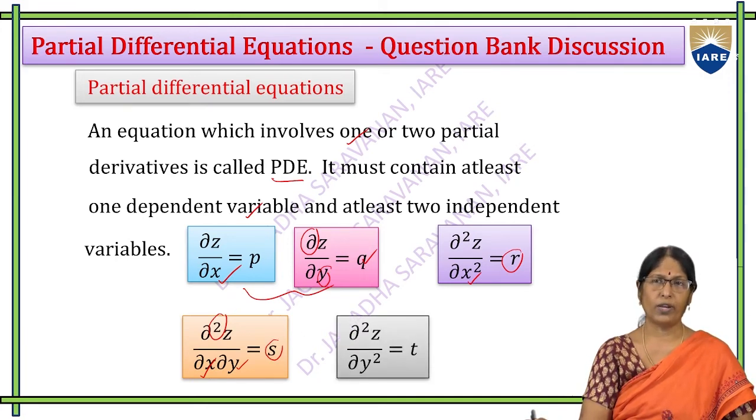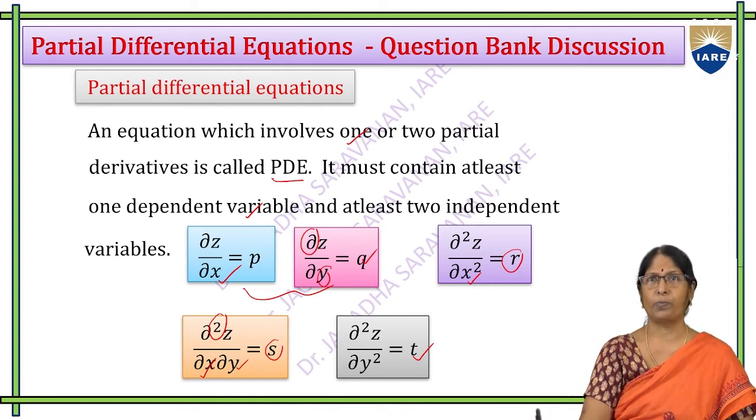The last one is ∂²z/∂y², which is denoted by small t. So we have to remember these notations of partial differential equations, which will play a complete role in this module: p, q, r, s and t.